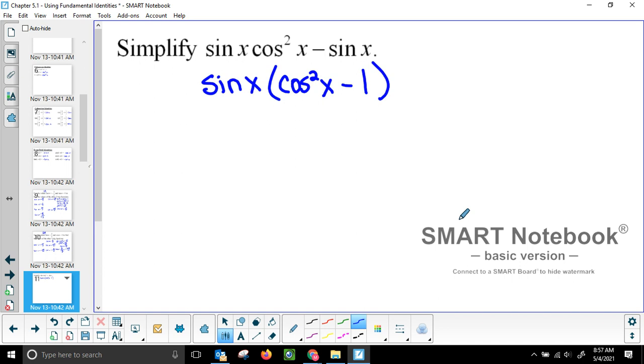This looks like something that we have. One of our identities says sine squared u plus cosine squared u is equal to 1. What would I have to do to get one side of this equation to look like this?